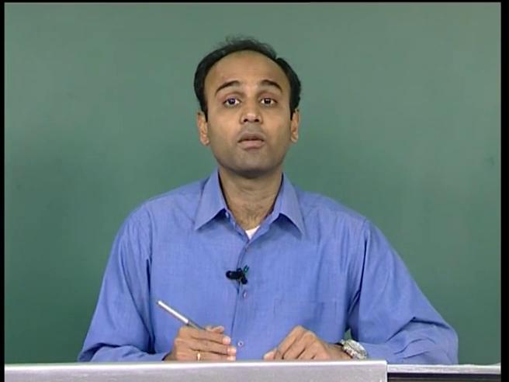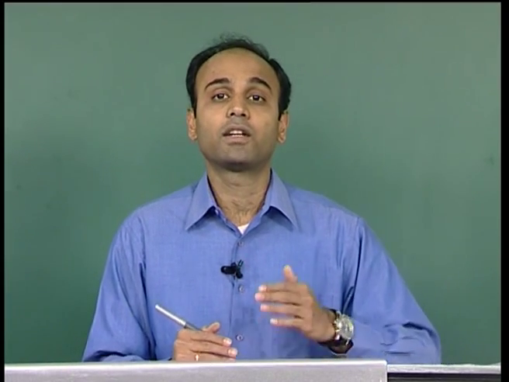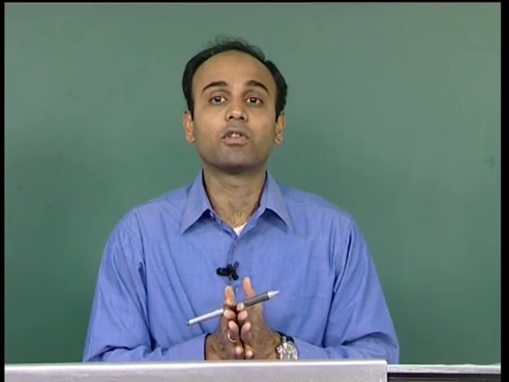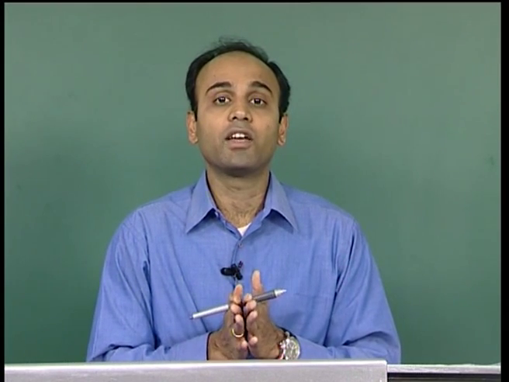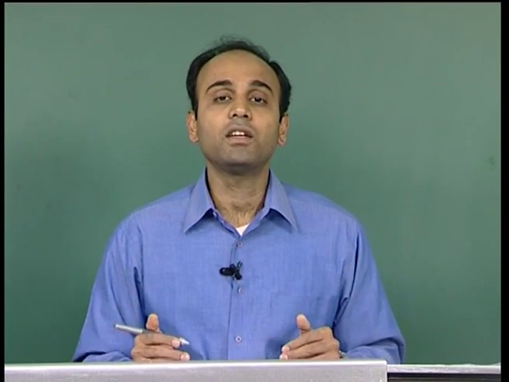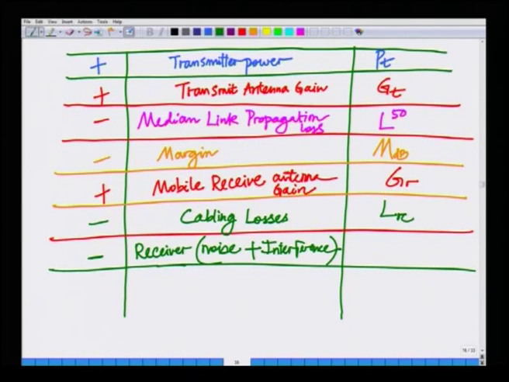There is also interference from other users. Remember, we looked at systems like CDMA, where the other users cause interference to the desired user. Even in OFDM, where there is loss of orthogonality or there is a frequency offset. Hence, we said we are going to look at not signal to noise power, but signal to interference plus noise power ratio. Hence, this is the characterization of noise and interference power, which we are subtracting.